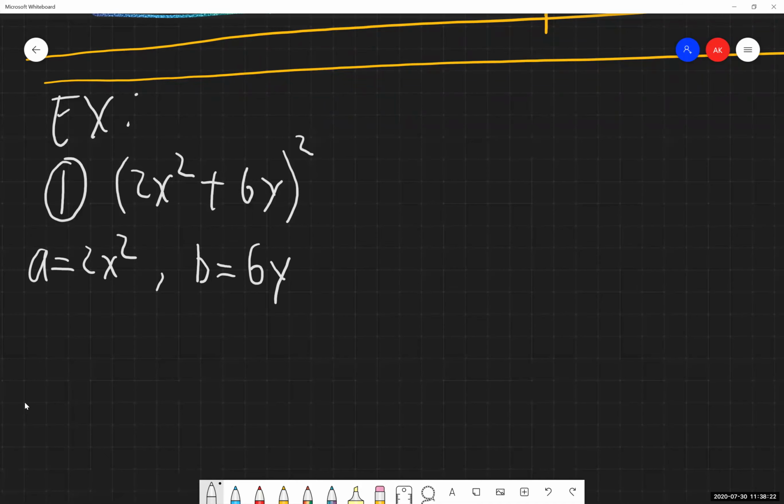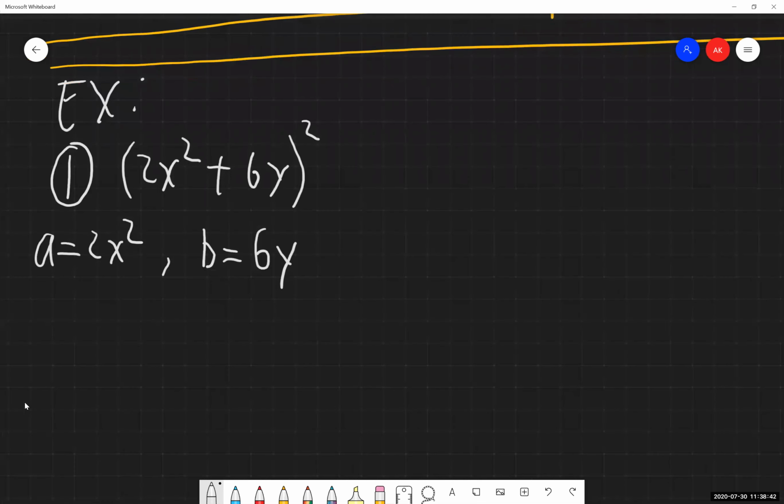Now, our special form tells us that if we correctly identify the square of a sum, which is what we have here, we can write our final answer as a squared plus 2ab plus b squared. Again, that's just from the very top of our notes.